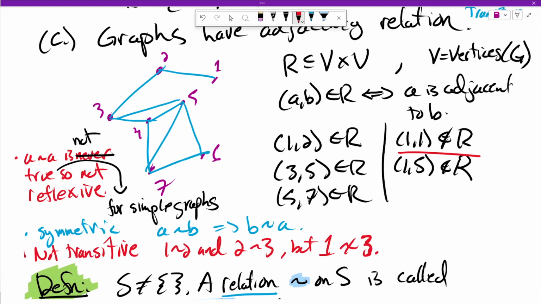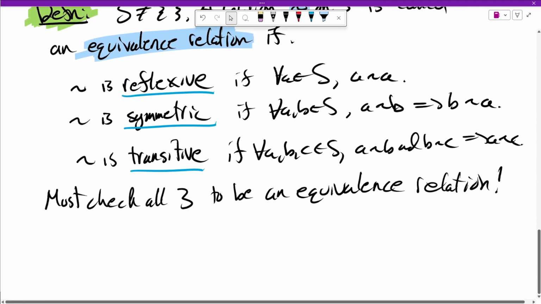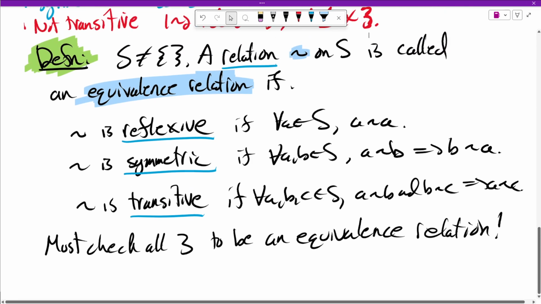There are examples satisfying any of the three but not the other ones. So you actually have to check all three. You can't just check one or two of them. We need all three because there are relations that satisfy some of them, but not all of them.